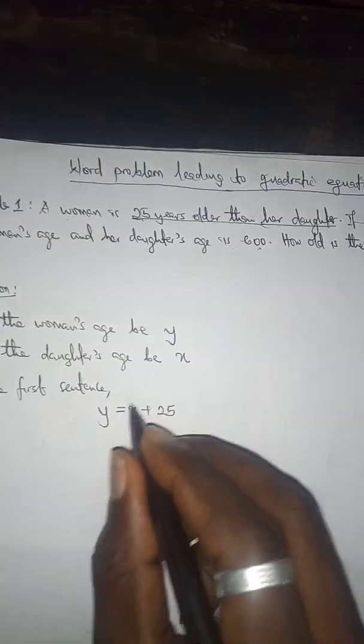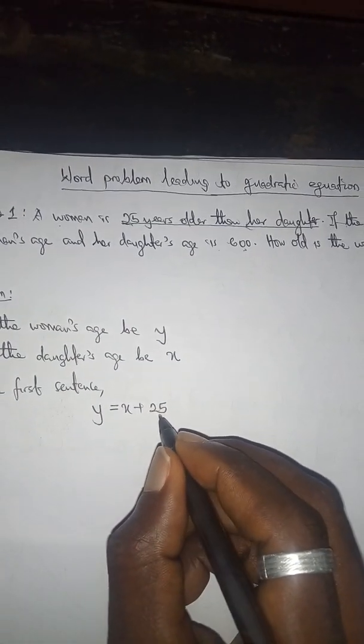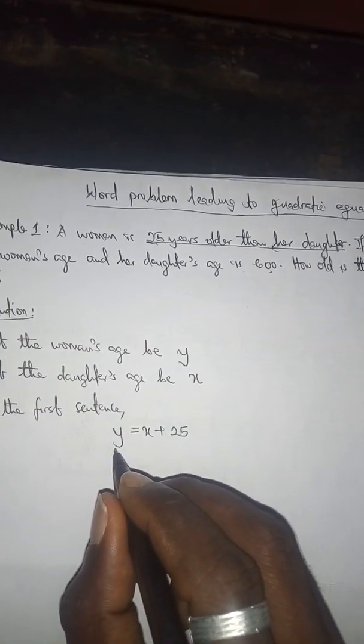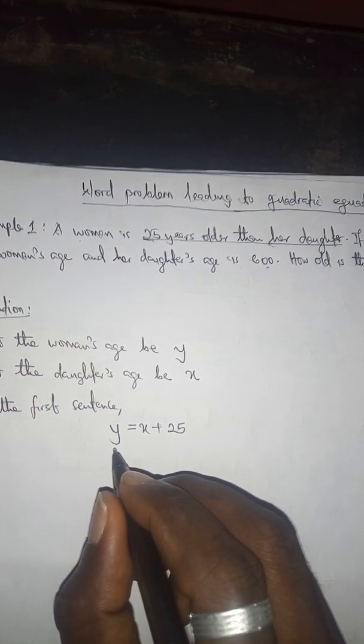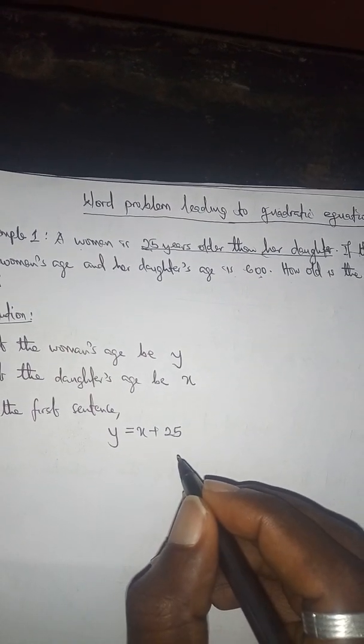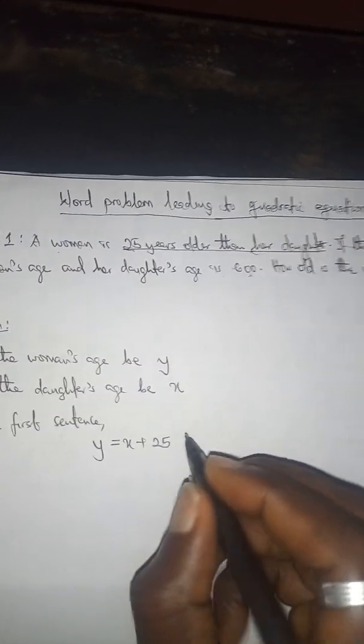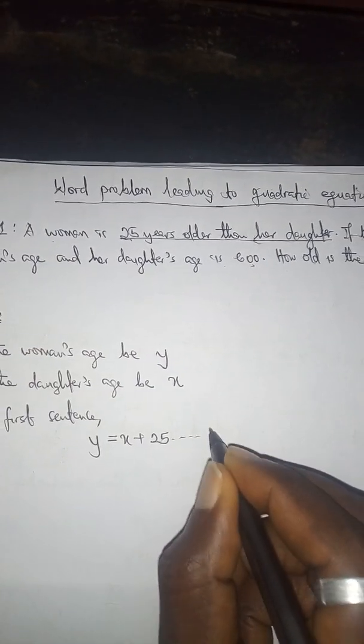That means whatever be the age of the daughter, we are going to add 25 to it to give us the age of the woman, which is the mother to the daughter. Okay? Now, we can label this as equation 1: y = x + 25.